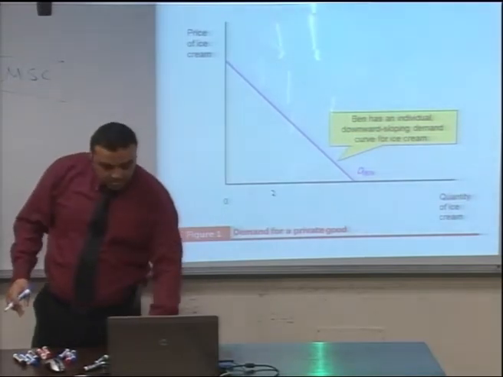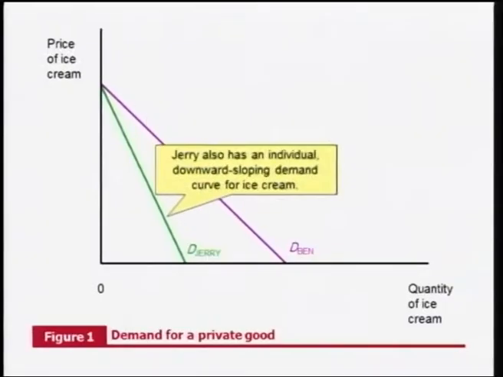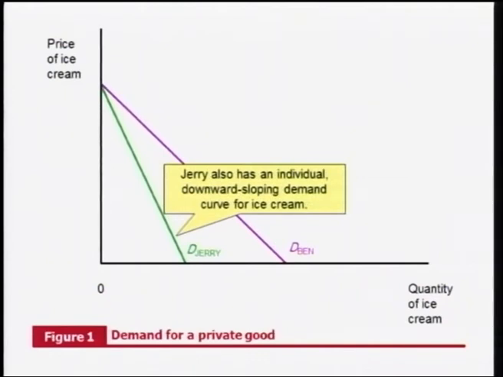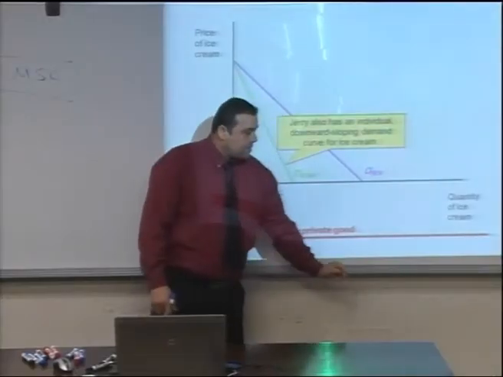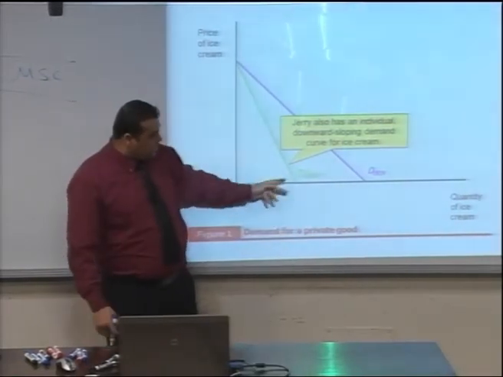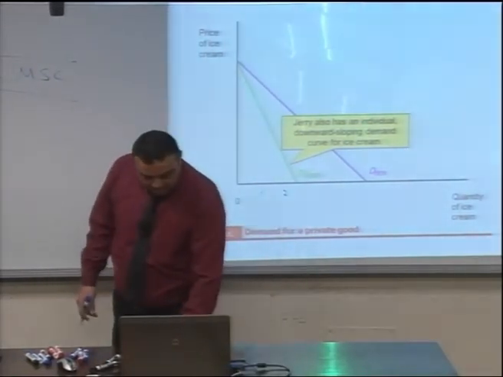Someone else, Mr. Jerry, also has an individual demand curve, downward sloping as well, but it's below the demand curve for Ben.